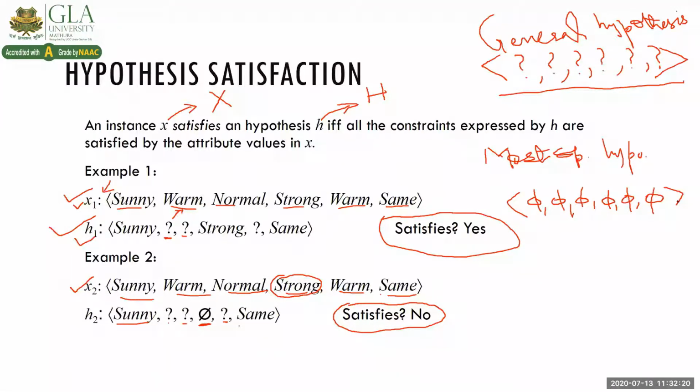So for learning this task of enjoying sports day, we have to find out where enjoy sport equals yes, describing this set by the conjunction of constraints over the instance attributes. So in general, a concept learning task can be described by the set of instances over which the target function is defined.